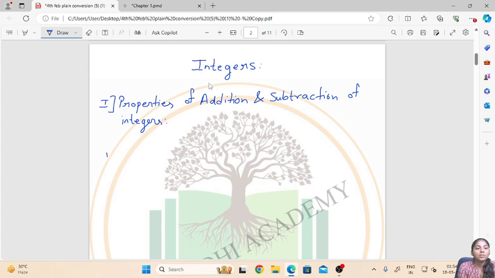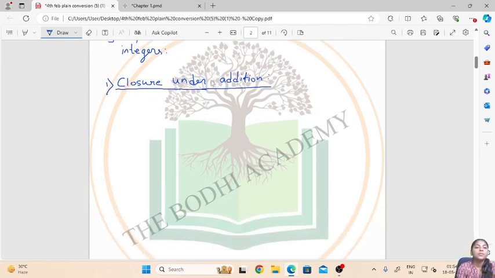So the first property in this is the closure under addition. What this closure under addition property means is that suppose there are two integers, a and b.